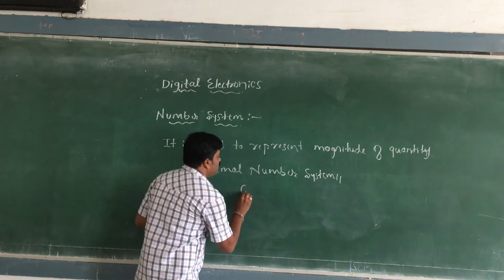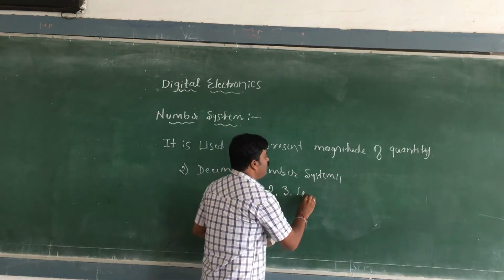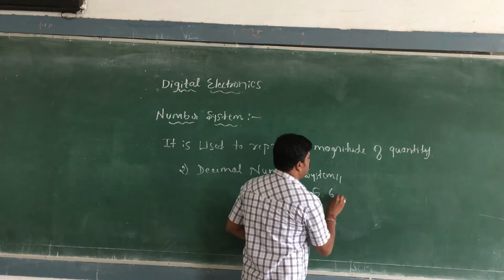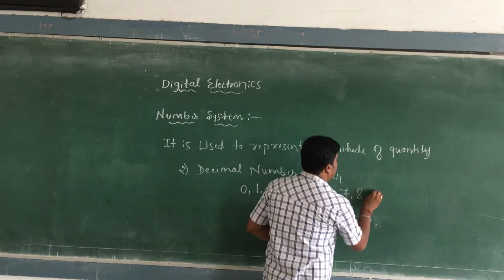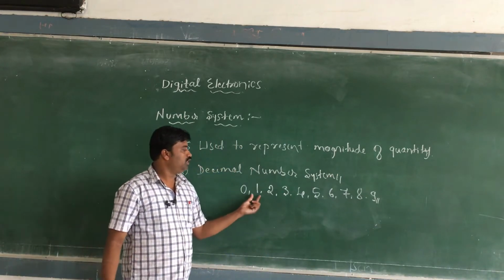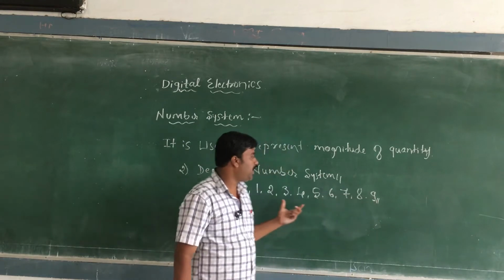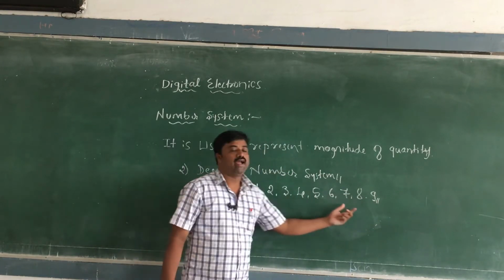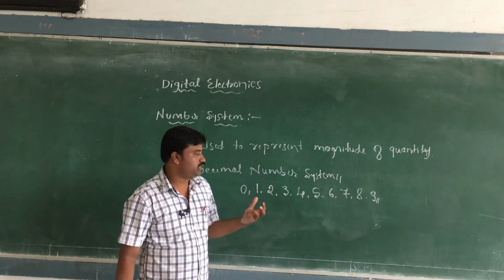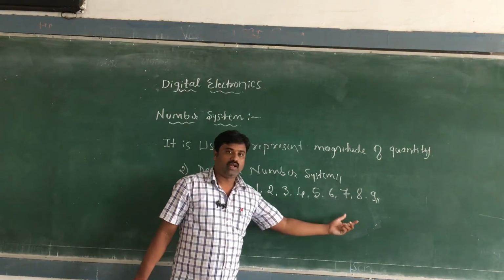It consists of 0, 1, 2, 3, 4, 5, 6, 7, 8, and 9. The numbers are 0 to 9.